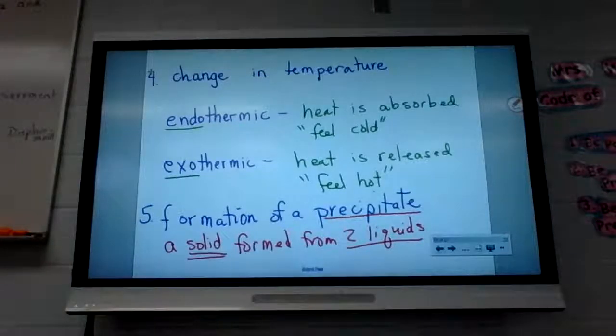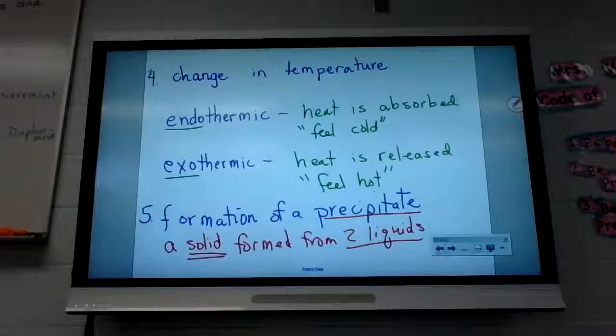Eventually, I will alter that slightly so that it says two aqueous solutions, but we don't know what two aqueous solutions mean yet.